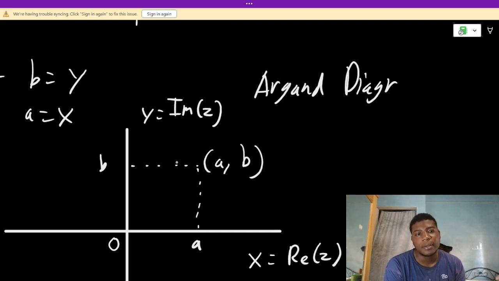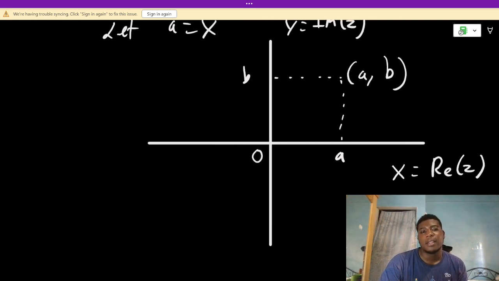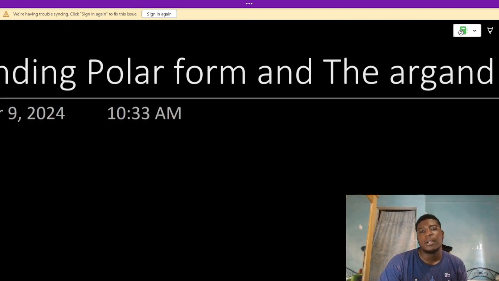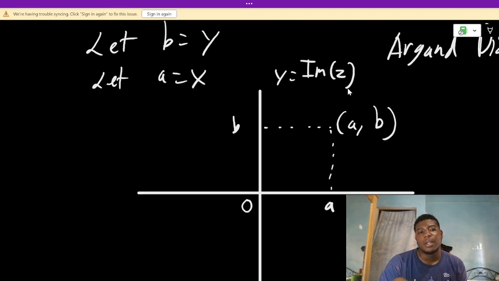So what we want to do here today is to understand how the polar form relates to the Argand diagram through its component parts.